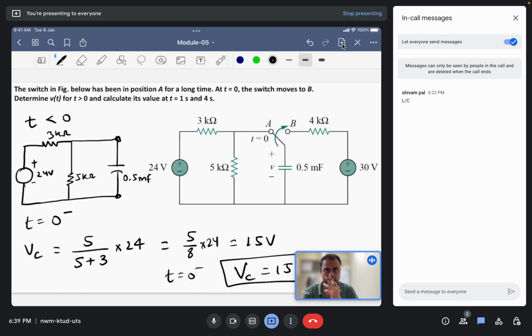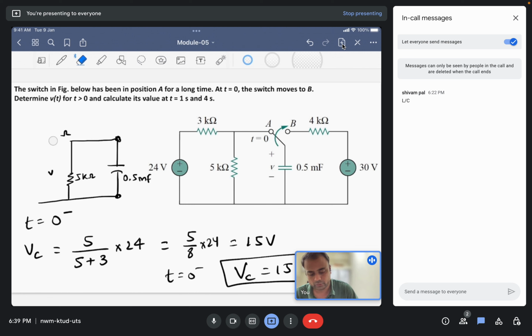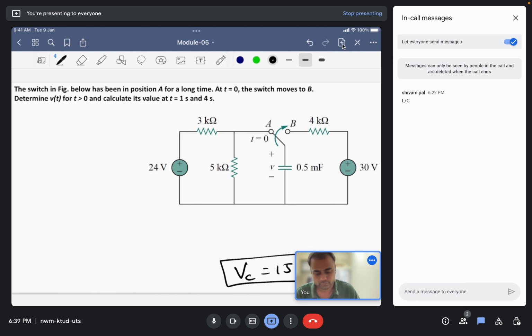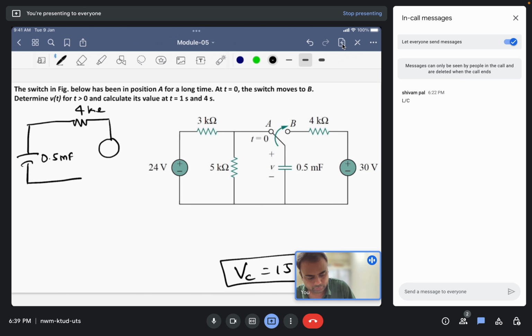Okay, so we'll use this information from the first part of the problem in the second part, that is when the switch has been closed to point B. So now we'll look at the circuit when the switch position is at point B. In that case, the circuit will look like this: a 0.5 millifarad capacitor, now connected to a 4 kilo ohm resistance, and an external source of 30 volts is connected here.